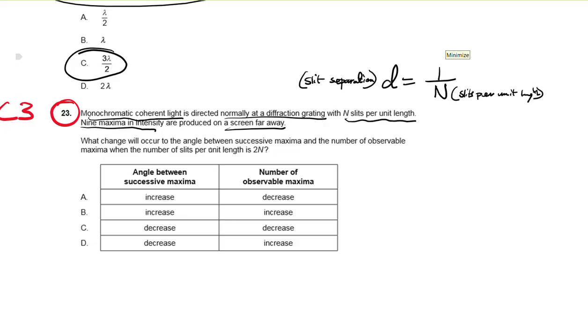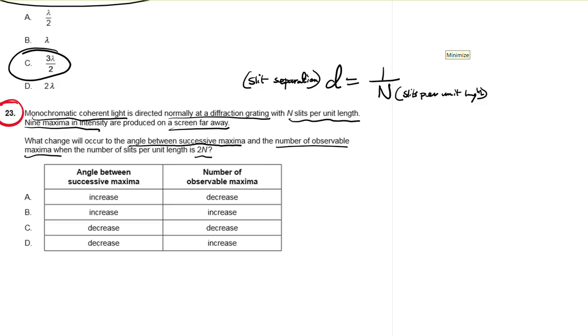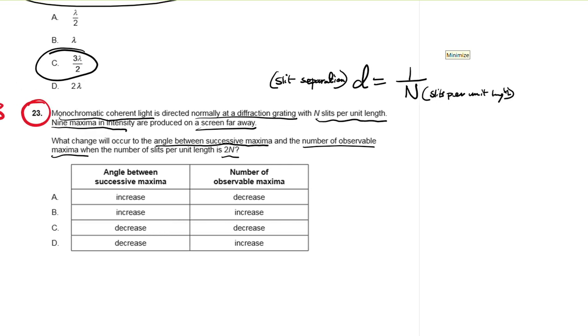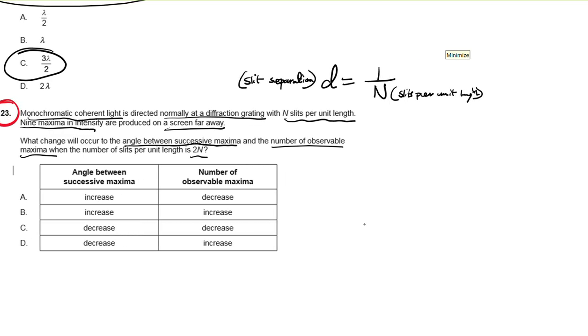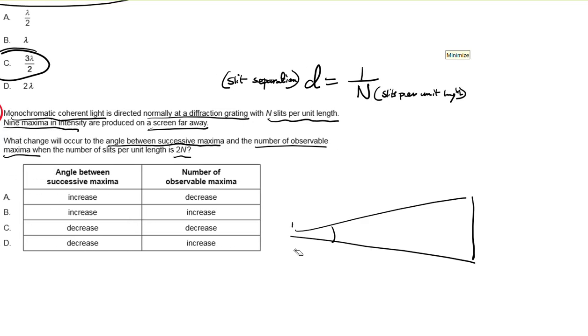What change will occur to the angle between successive maxima and the number of observable maxima when n becomes 2n? Okay. So let's look at this. When we have a screen that's really far away, this is a diffraction grating.